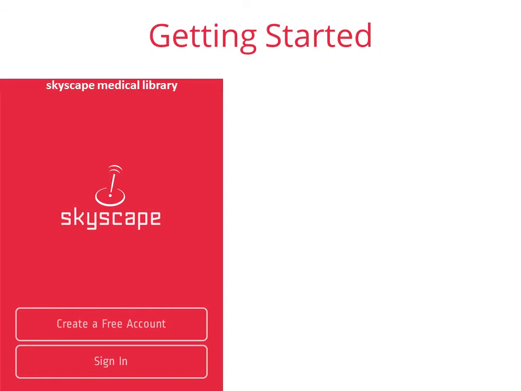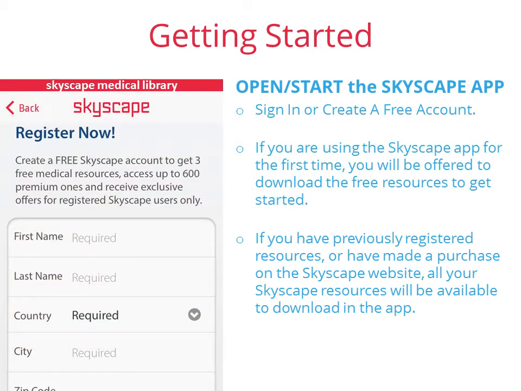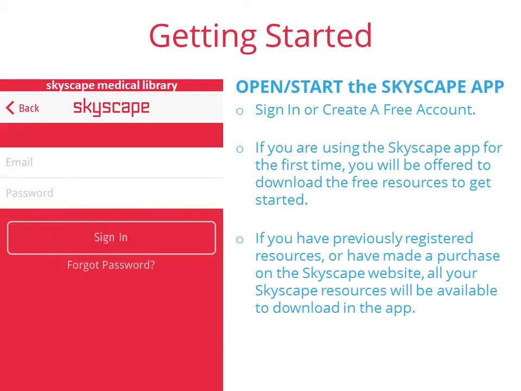Getting started with Skyscape is easy. Once you have the Skyscape app installed onto your device, open or start the Skyscape app. When you first open the Skyscape app, you will be asked to either sign in or create a free account. If you are using the Skyscape app for the first time, you will be offered to download the free resources to get started.